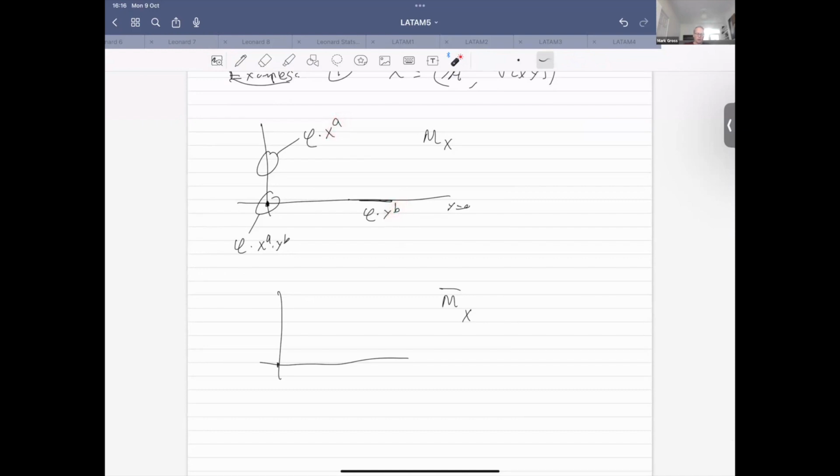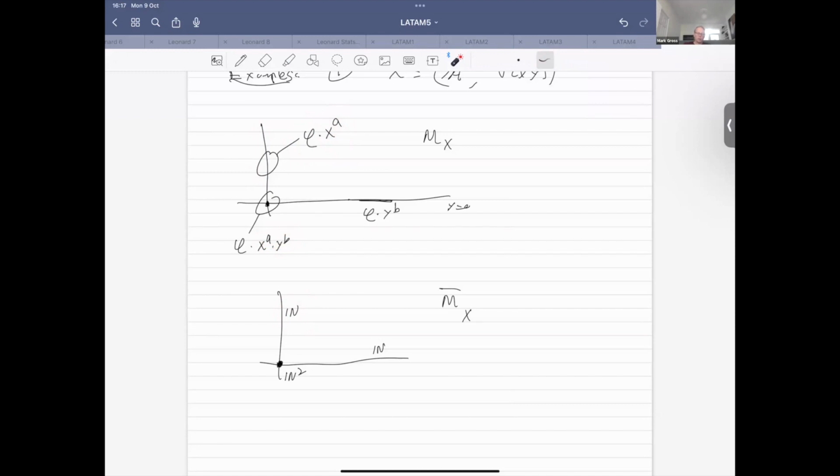So on this axis, I have a copy of N, remembering the order of vanishing of a function along here. On this axis, I again have an N, remembering the exponent of the function here. Then at the origin, I have an N squared, because I have two possible exponents to worry about. So that's what M bar_X looks like.